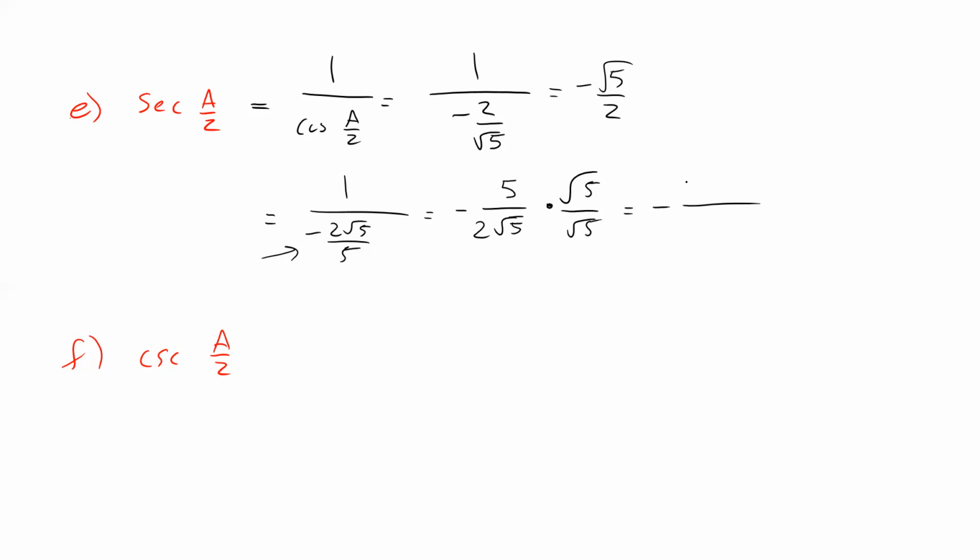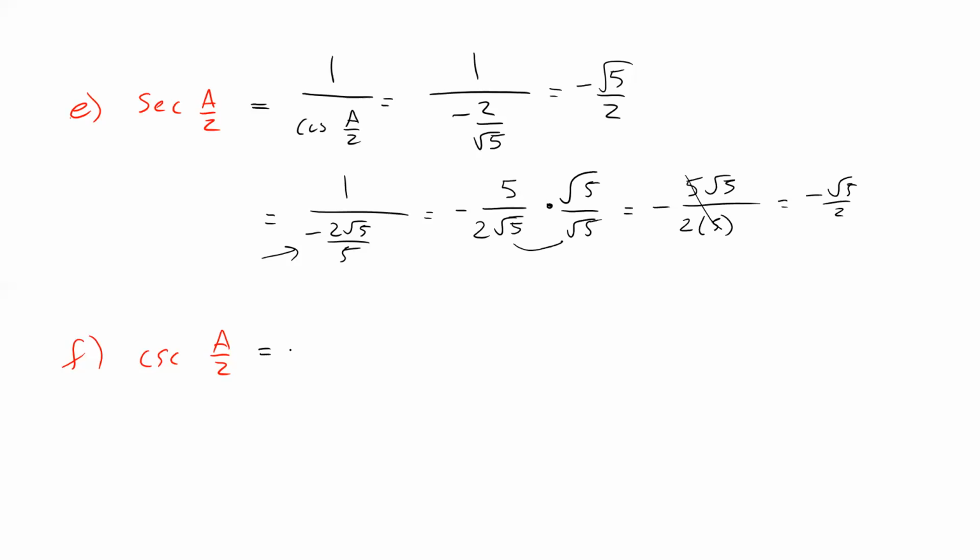So now you have 5 root 5 on the top. Then those guys cancel, and you're still left with the same answer. We good? So it's better to use the non-rationalized denominator. Cool.